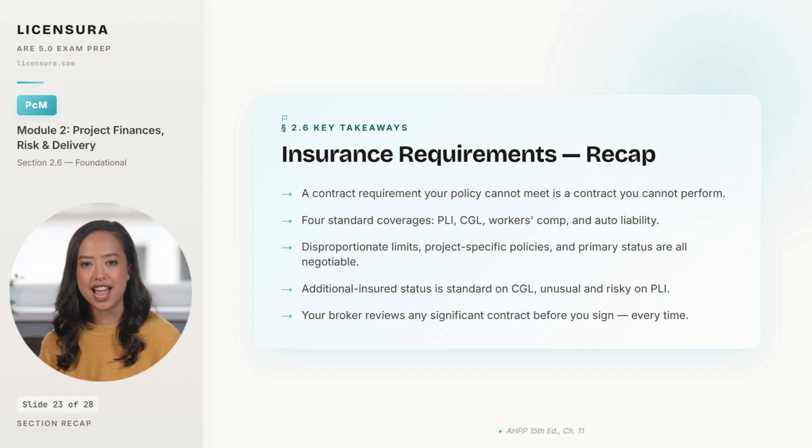So when a contract asks for additional insured status, the first question is, which policy? And fifth, every significant contract goes through your broker before you sign, not after, not next quarter, before, because verification is cheap and a coverage denial is expensive.